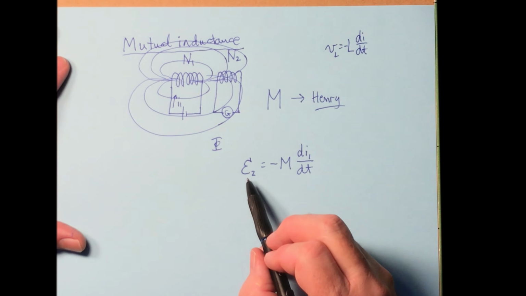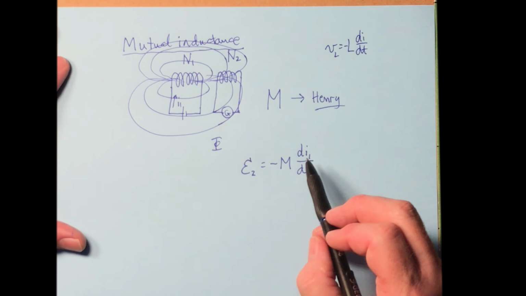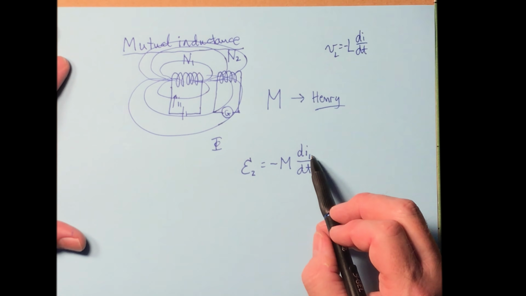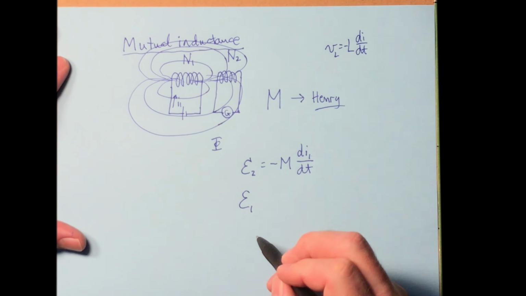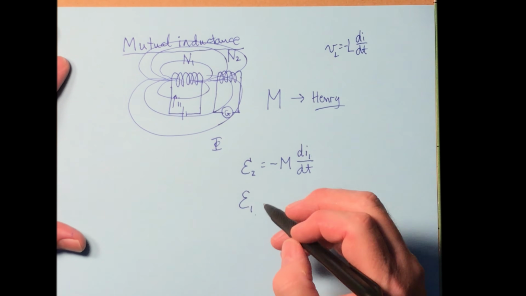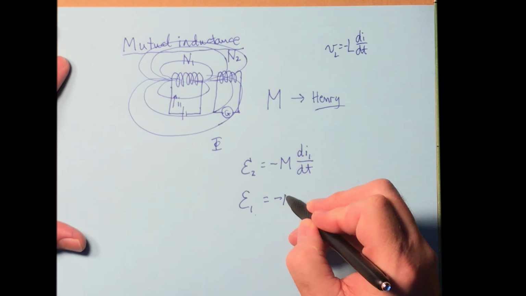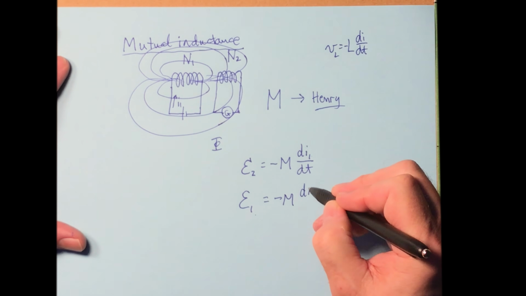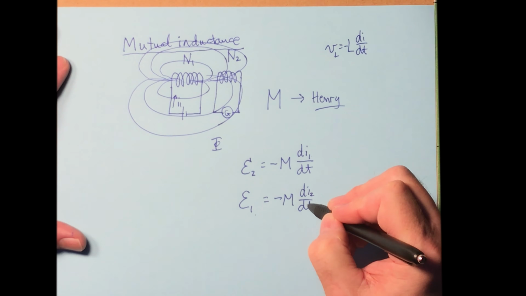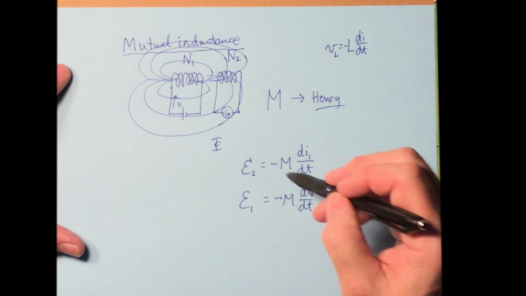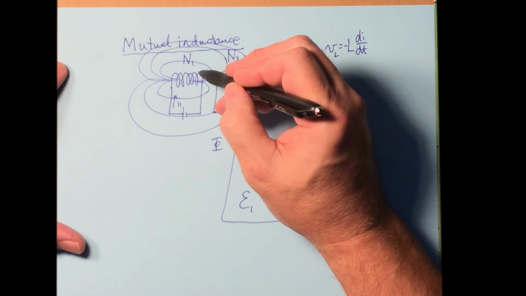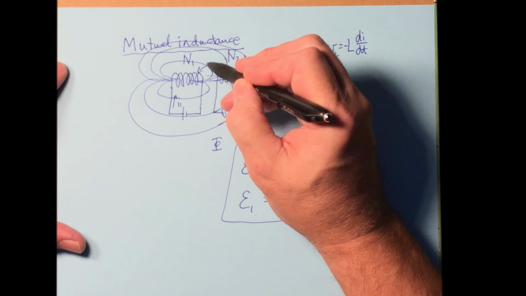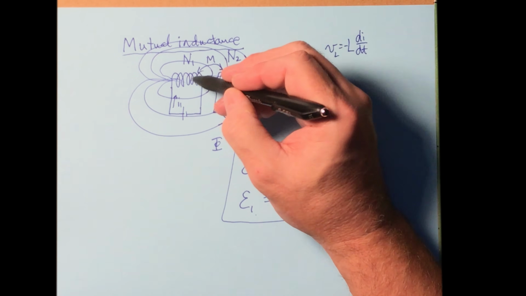But we have an EMF for the second coil that is caused by the change in the current for the first coil. Now, conversely, you also have this. There is a change in the EMF of the first coil due to the mutual inductance for coil 2. So we have then this relationship here. The mutual inductance is due to the fact that there is a coupling between these two inductors.